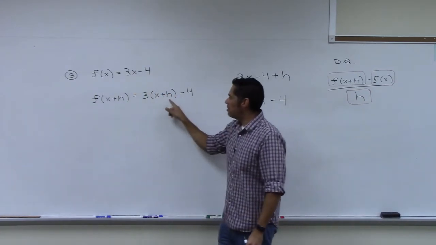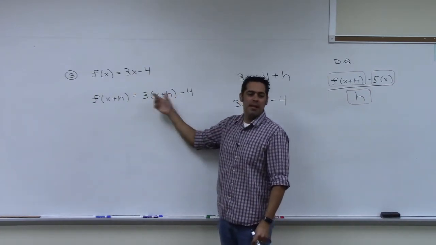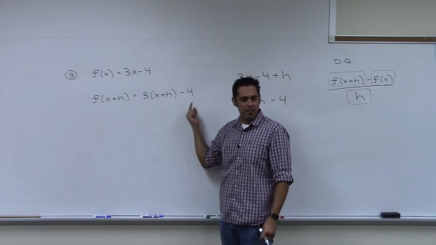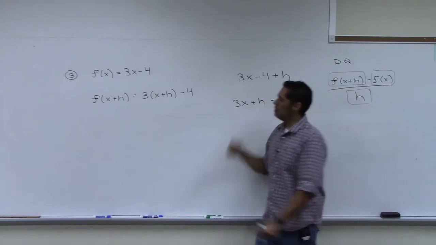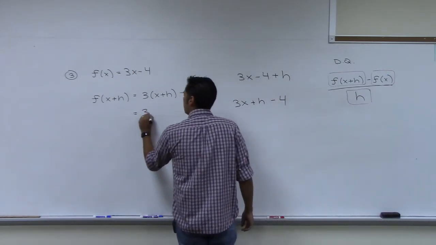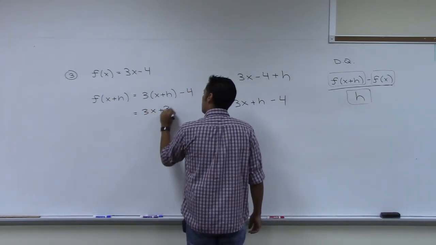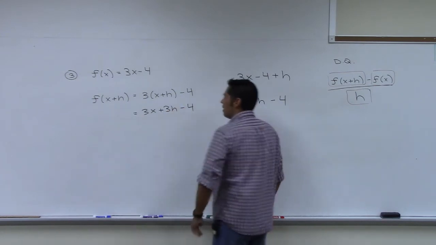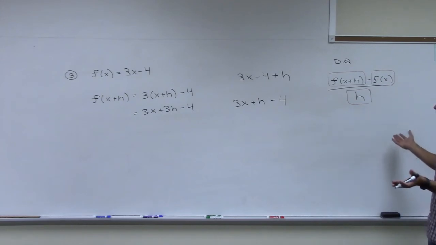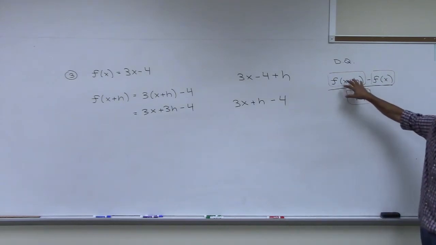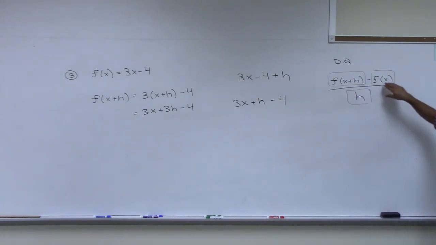So if you put x plus h there, the 3 has to be in front, and there has to be parentheses so that you can pass the 3 through. These are both incorrect, but common mistakes. All right, let's go ahead and distribute: 3x plus 3h minus 4. Can I clean that up at all? Can I put anything together there? No, so that's it. That's the top left corner, all right? What about f of x?